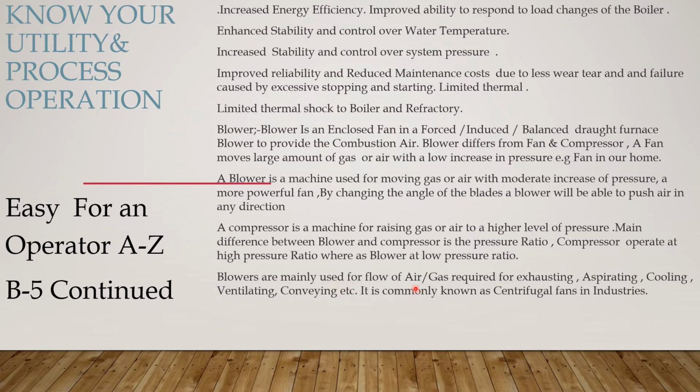Blowers are mainly used for flow of air or gas required for exhausting, aspirating, cooling, ventilating, conveying, etc. They are commonly known as centrifugal fans in industries. We will see the schematic diagram and the difference between fan and blower in the next slide.